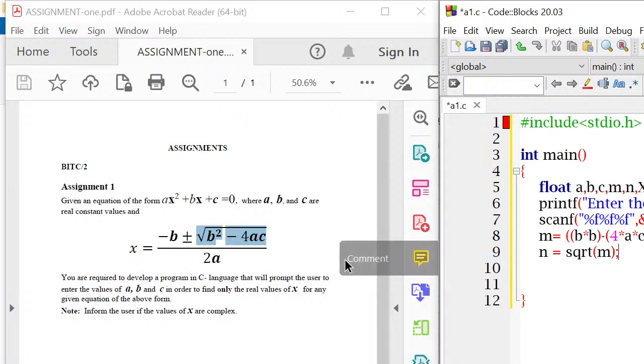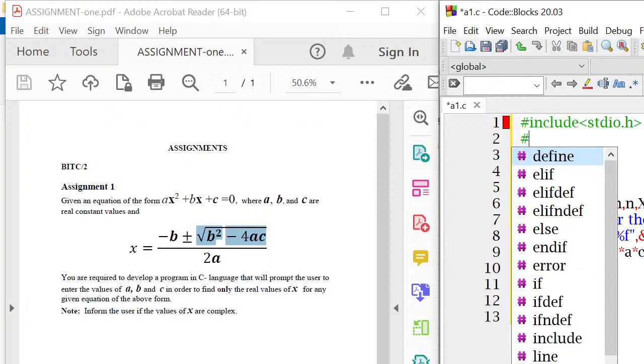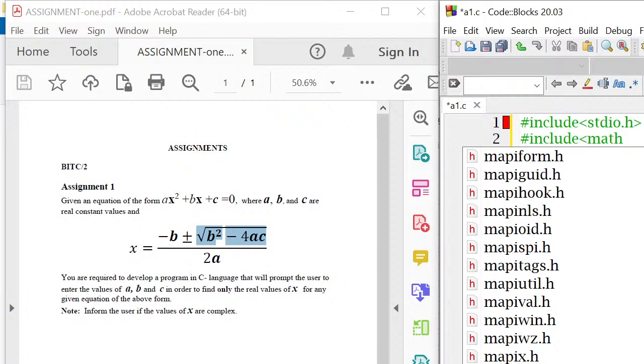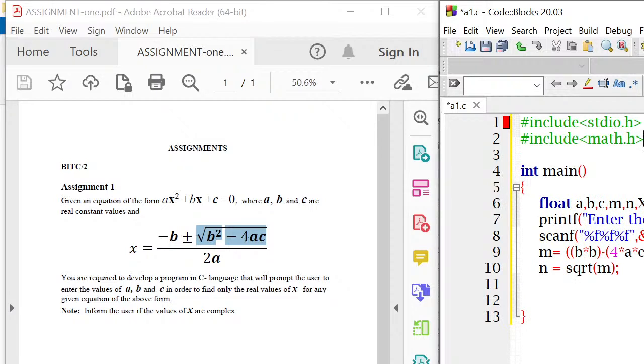We are getting the square root of m because m is what is inside the bracket, right? But this is a square root, which is a mathematical function. To use this, we need to include the header file math.h for it to work in our program.